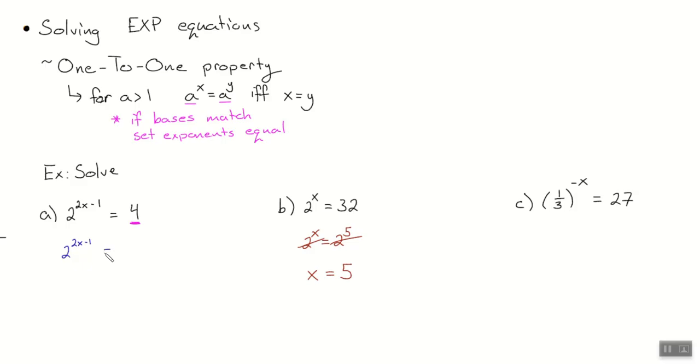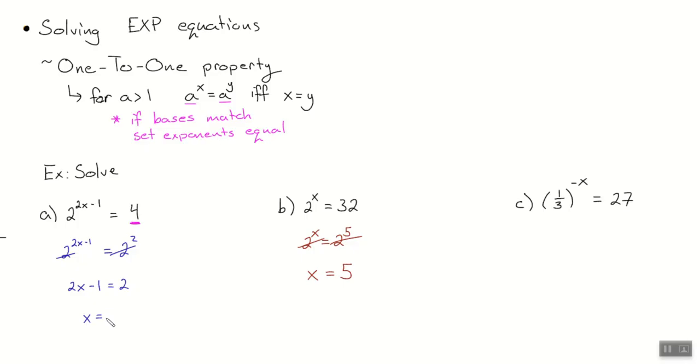How on earth can I write 4 with a base of 2, though? 2 to the 2. As soon as we get to here and my bases match, my very next line, whether you actually draw that cross out or not, I'm simply left to solve when is it true that 2x minus 1 equals what number? 2. And I think we can all solve this. What do you guys get for x? I think it's 3/2, because we'll add 1 to each side.